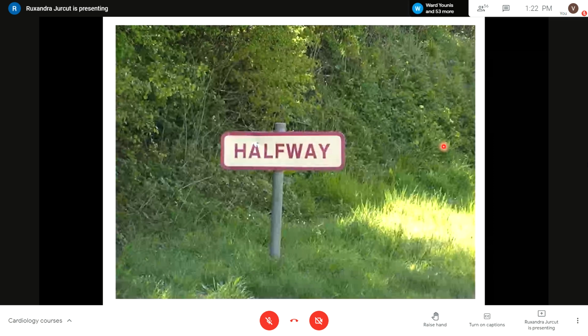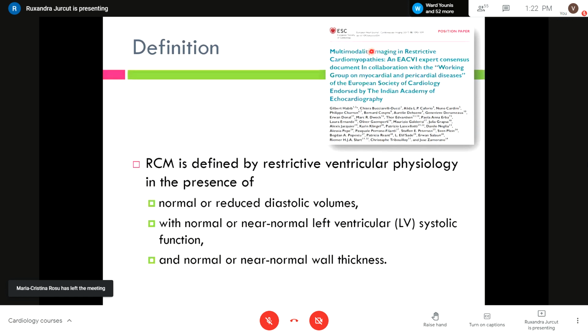Cardiomyopathies are a different set of diseases. Again, myocardial disease.